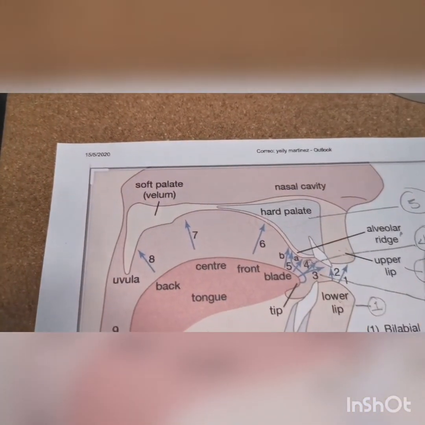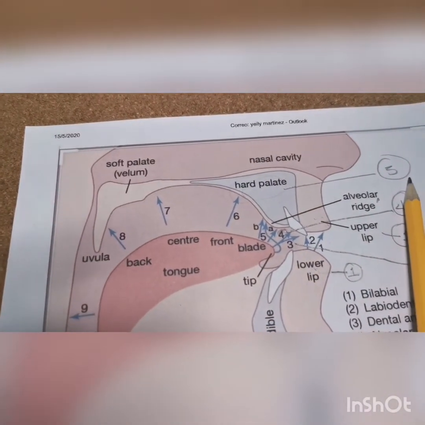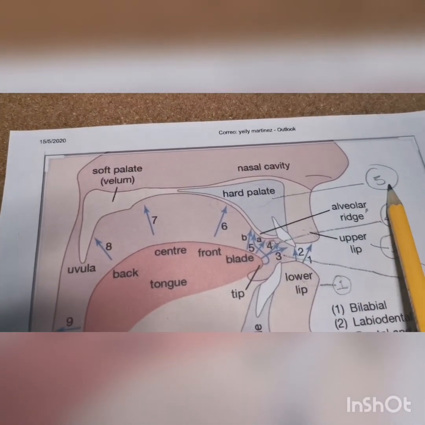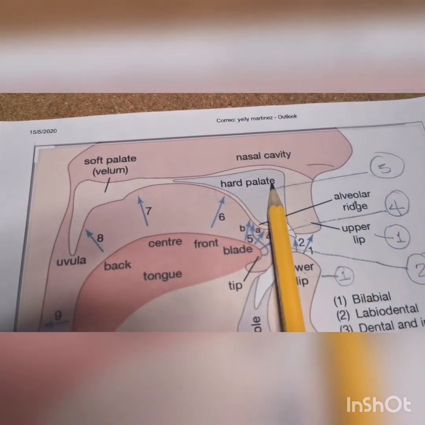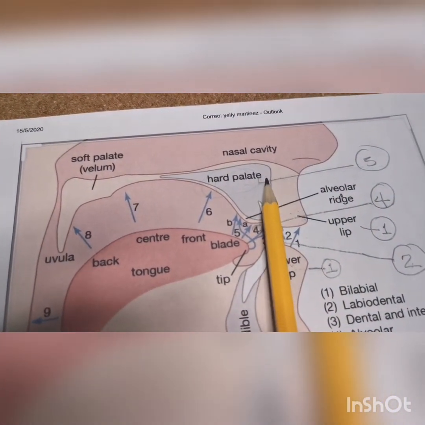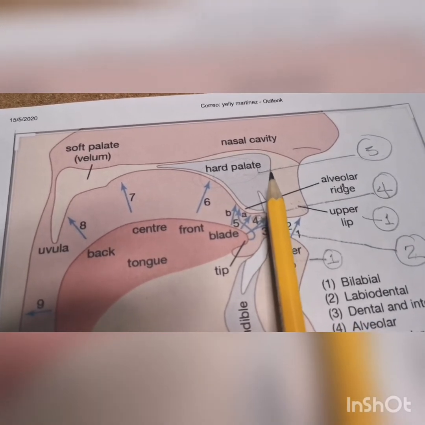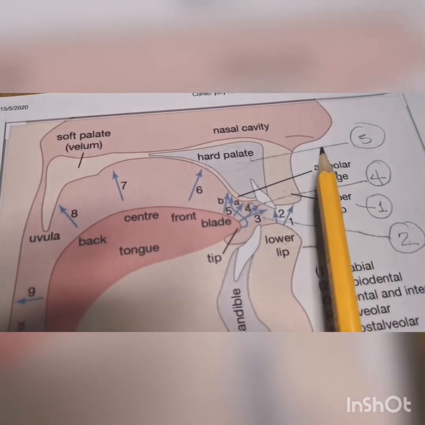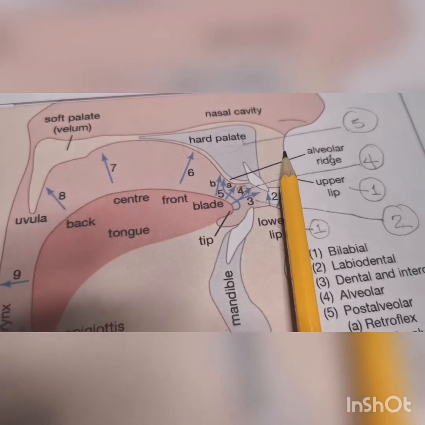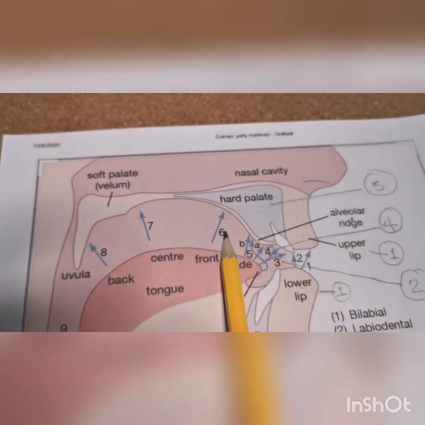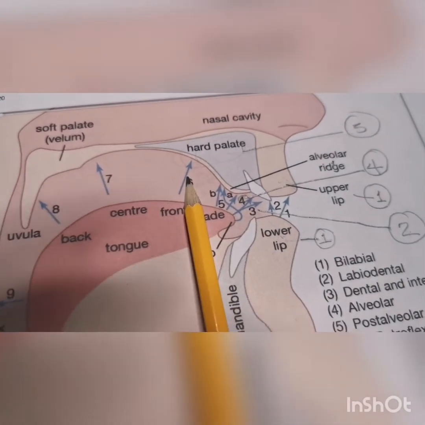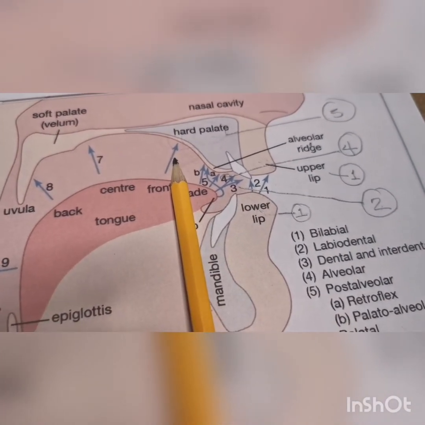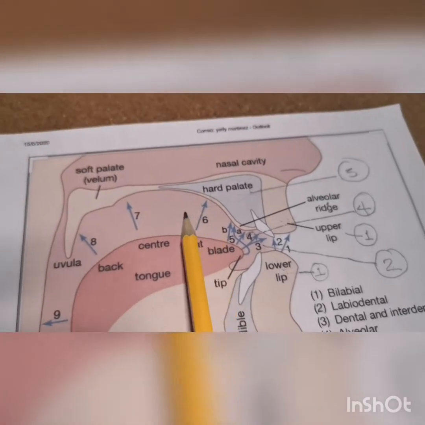The next is the hard palate. It is the hard part at the top of our mouth, beginning just behind the alveolar ridge. It can also be called the roof of the mouth.